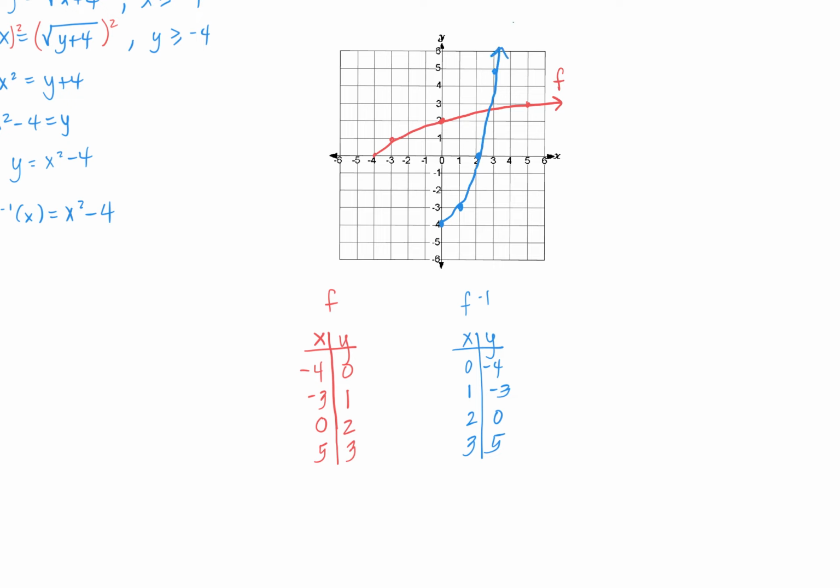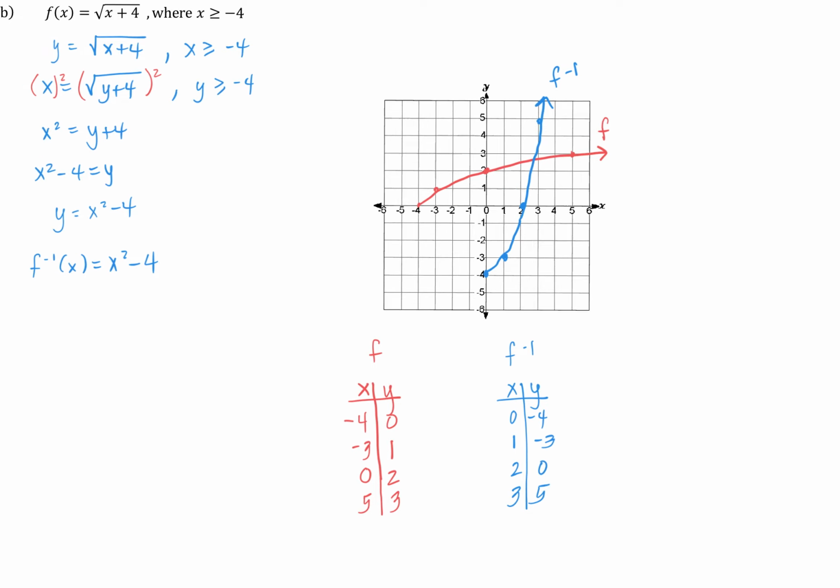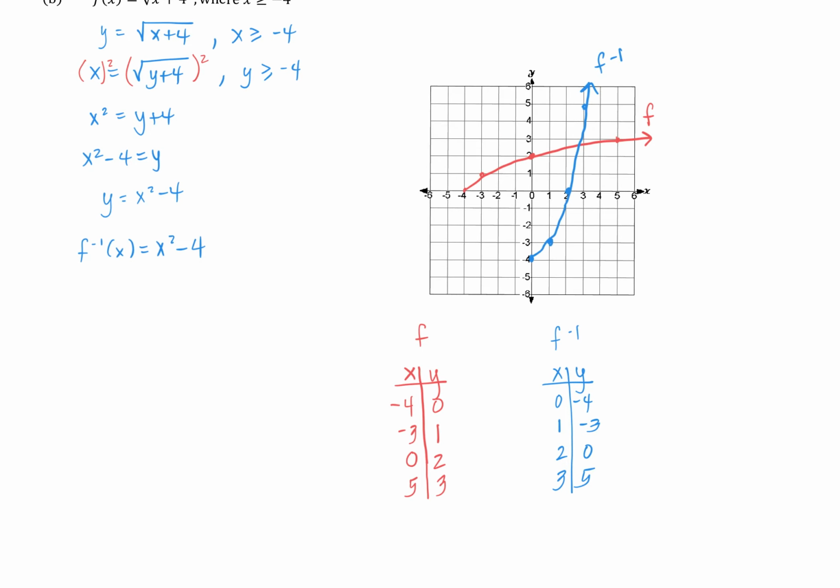So the graph makes sense, but the equation doesn't, because the equation of my inverse function says that it's a parabola, and I only have half the parabola. That's because I have to restrict my x values. If we look at the inverse function, look at this first point. This is the point 0, -4.